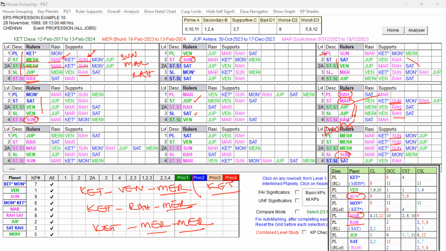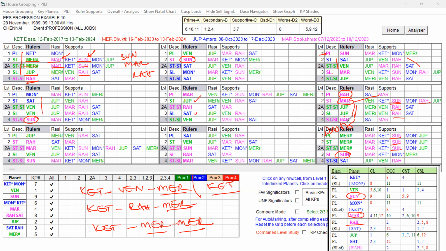Mercury is moderate only because of the 8 and 12, not very strong. But Jupiter is there at the sublord and forming a ruler link to the other levels. So Jupiter is the strong favorable key planet supporting the Ketu Dasa for the promotion. Now, which planets have this Jupiter in their rulers?